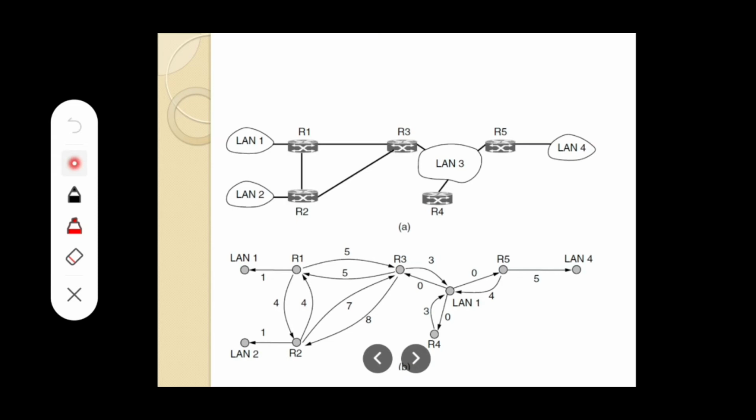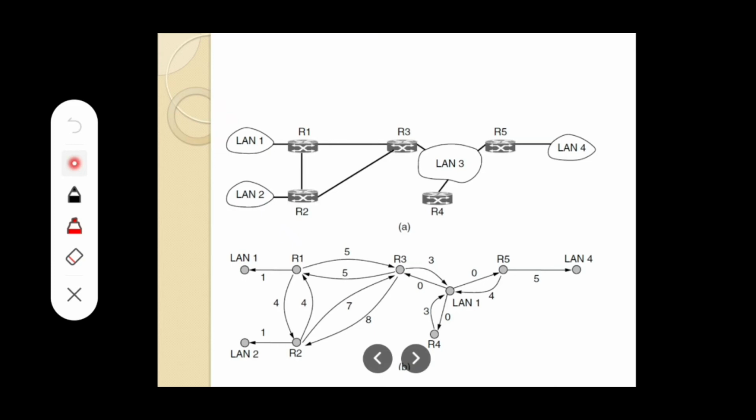Based on this cost only we will be calculating the total time or the total cost for reaching from source to destination. Suppose this LAN wants to reach this R3. What will be the cost? So 1 plus 5, 6.